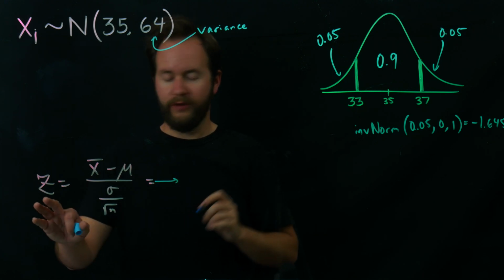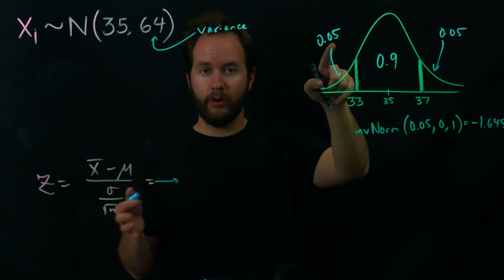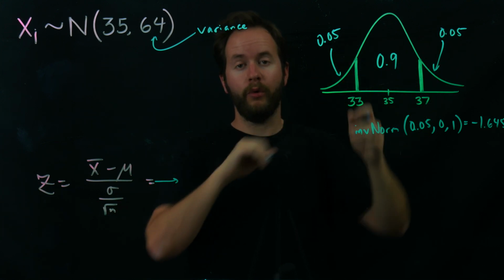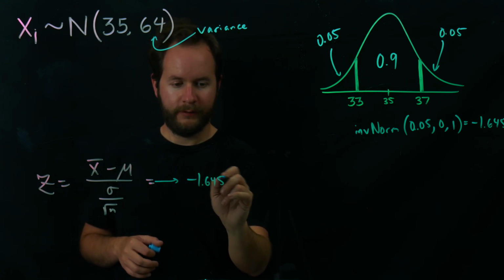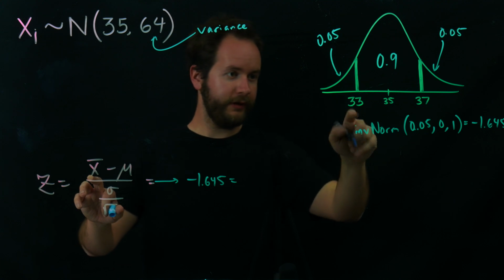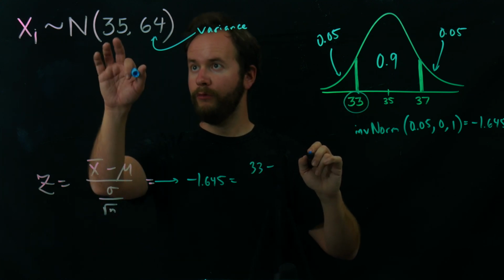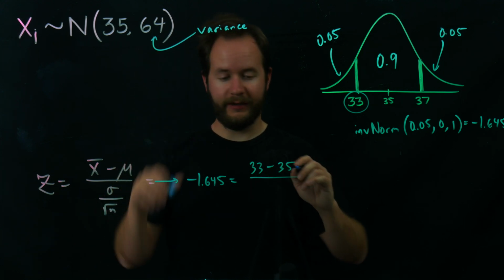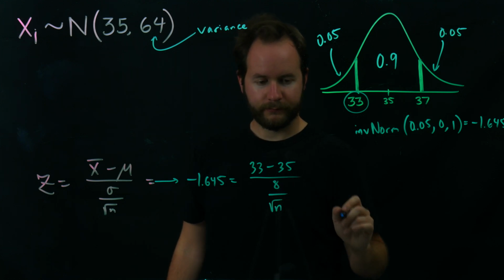Let's say we found the z-score that corresponds to a 0.05 area on the left, and this 0.05 exists because there's 0.9 in the middle, and therefore there must be equal amounts in the tails, or 0.05 in the left tail. So we have negative 1.645 equals x bar, in this particular case 33, minus mu, which is 35, over standard deviation, which is still 8, over square root of n, which we don't know.